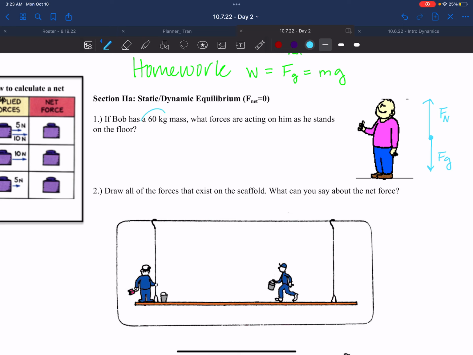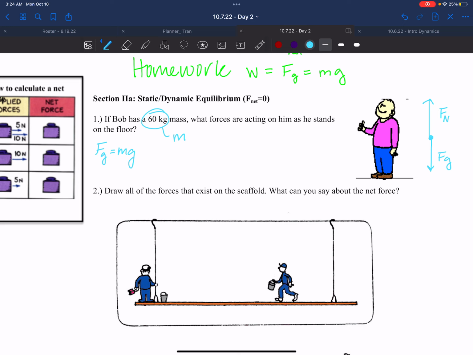So we know we're given mass m, and we know that there's a force of gravity. So first I'm going to state that force of gravity is going to be F_g is equal to mg.